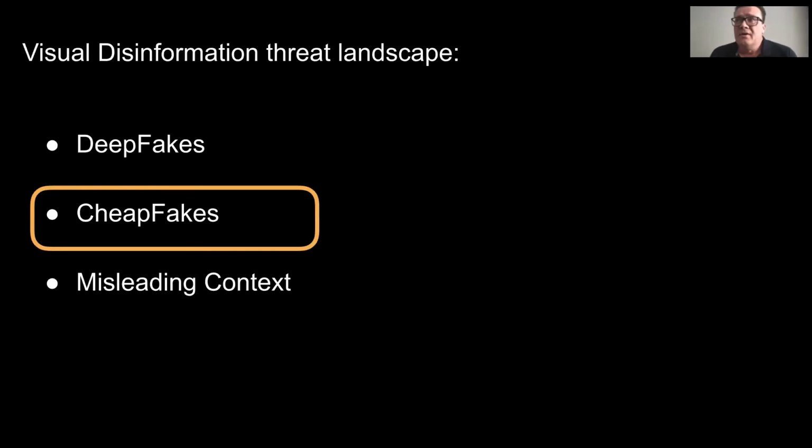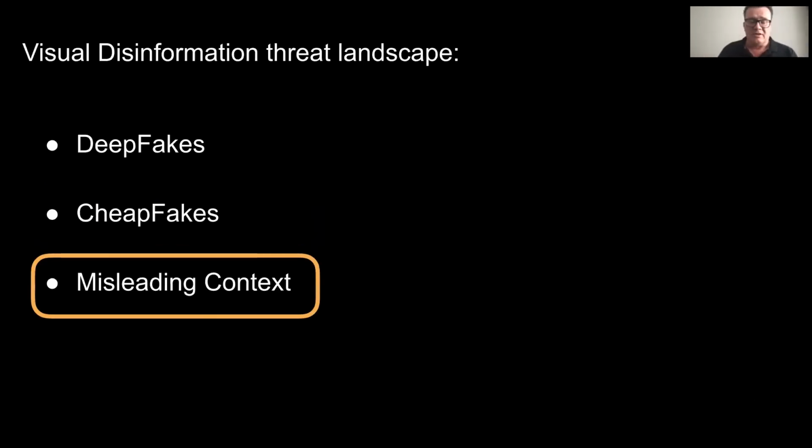And another visual disinformation case that happens even more often is so-called misleading context. Somebody doesn't even change an image, doesn't use Photoshop or deepfake. They just use an original image and then write another story about it that puts it into the wrong context.